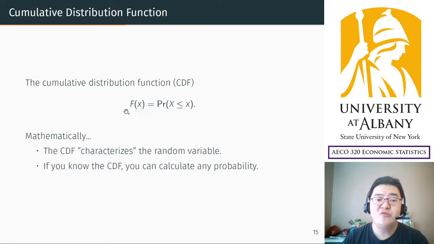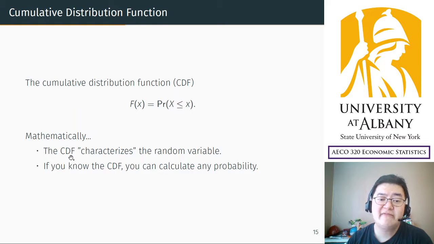The cumulative distribution function is usually defined with a capital letter F, and when you input a lowercase x, this function returns the probability that the random variable is smaller than or equal to the input value. This is a function which changes as the lowercase x changes, and this is how we define and characterize the probability. Mathematically, it's much more important in probability theory.